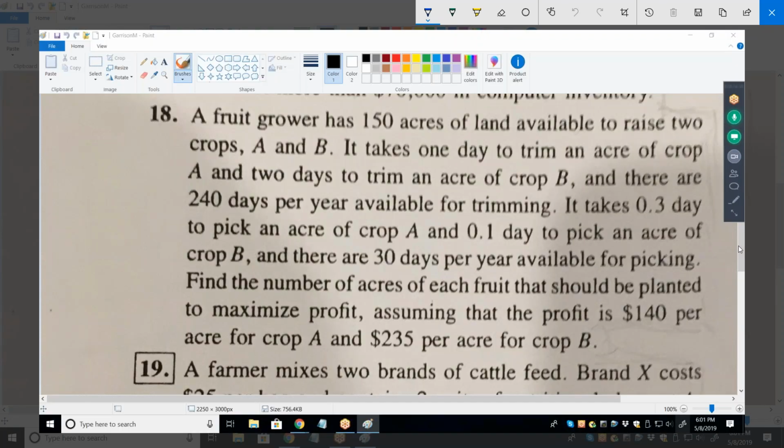So we're trying to maximize profit, which means we need an objective function that is the profit function. So what do you think our variables are and what do they mean?